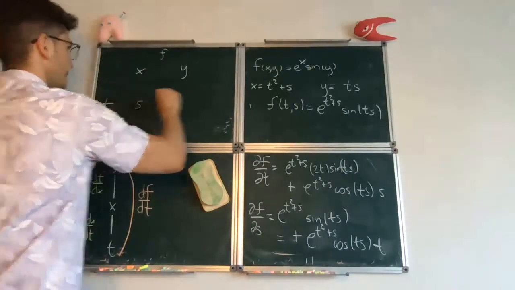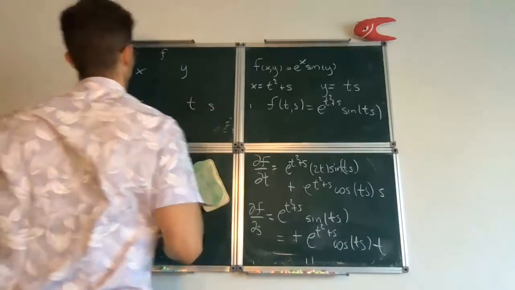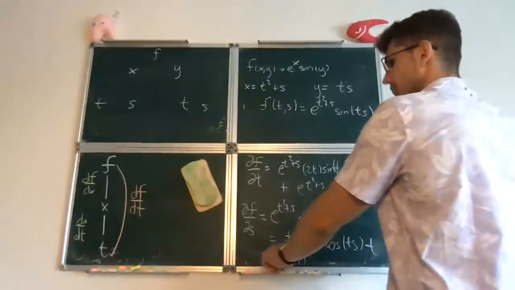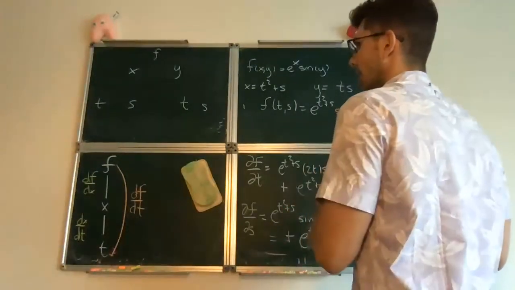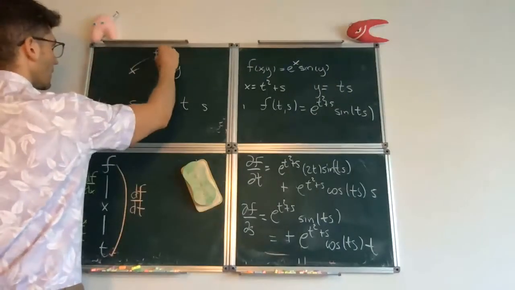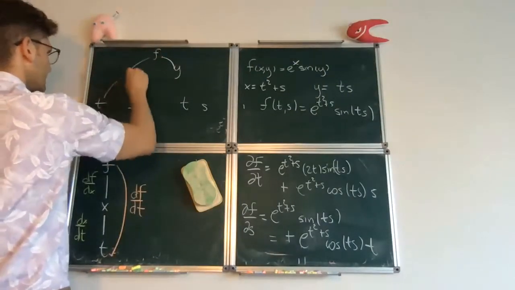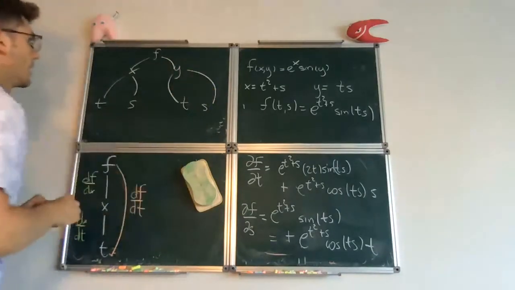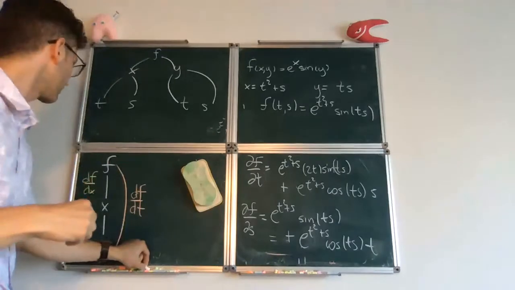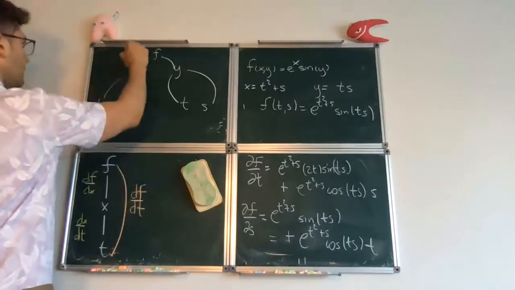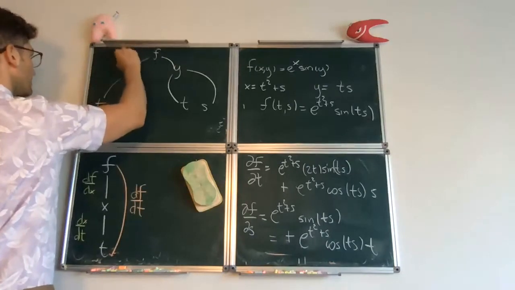So here we put t, s, t, s. Okay? And so you have all these possibilities, and every time you lower a level, you have to take a partial derivative. So for example, here it will be the partial derivative of f with respect to x.